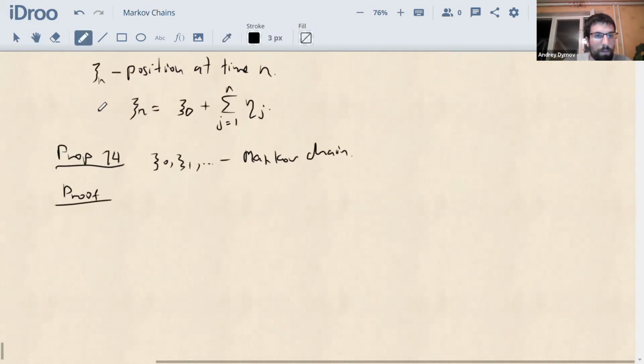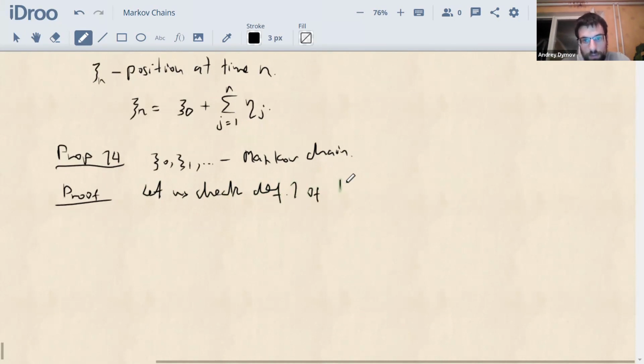Now, again, I can check one of two possible definitions, and now let me check the first definition. It will be simpler. Let us check definition 1 of a Markov chain. So what should I prove?